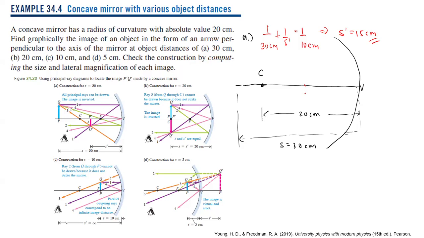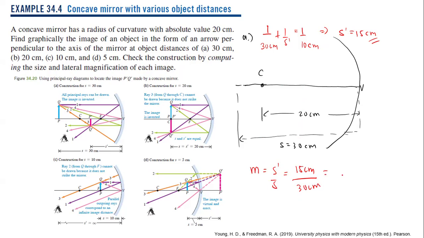So can we calculate the height first? Since we have this, from the lateral magnification, 15 centimeter over 30 centimeter, our s is 30 centimeter.